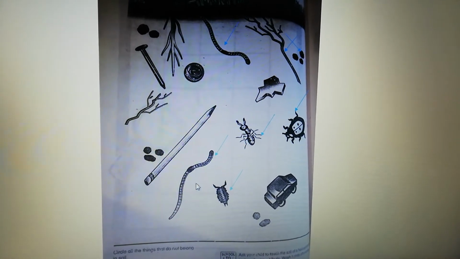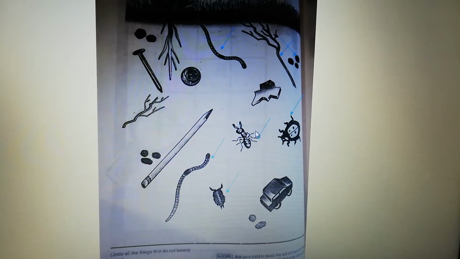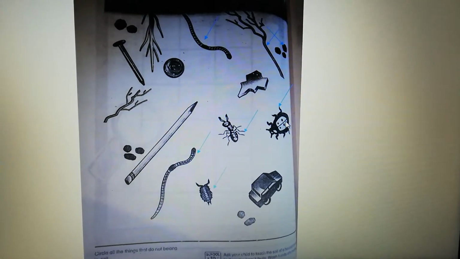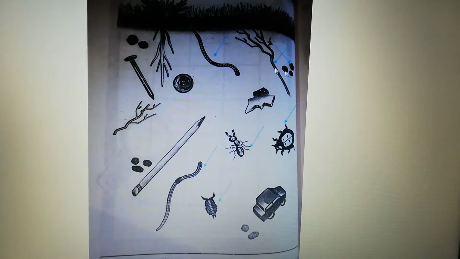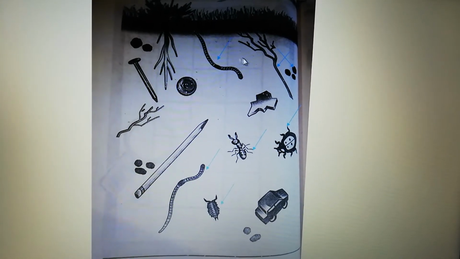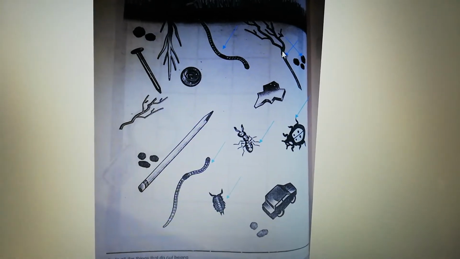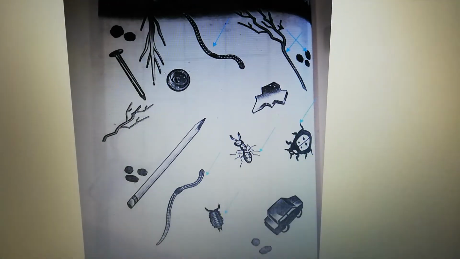There are also some insects, such as this one, ant, ladybug. There are also some rocks, like this one and this one, rocks and stones, and dead stem of plants.